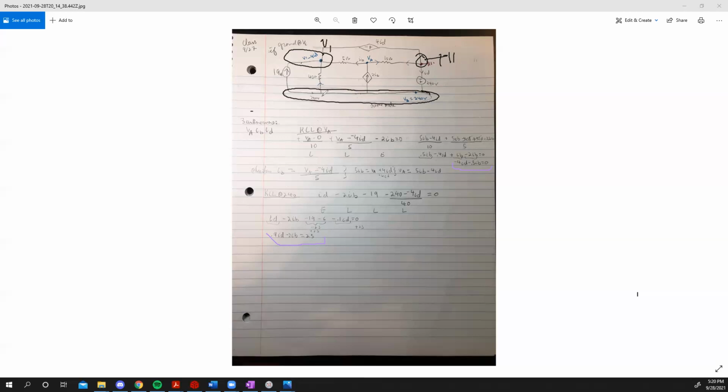I'm gonna call this V1, V2. Which currents are defined? Hold on, let me zoom in. IB is defined and ID is defined.